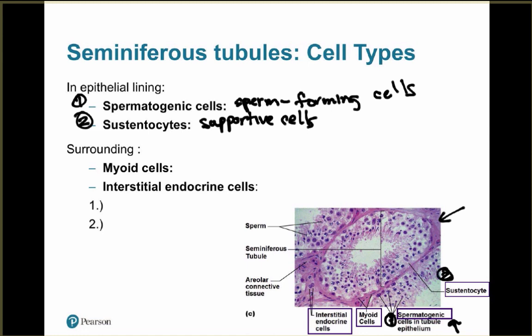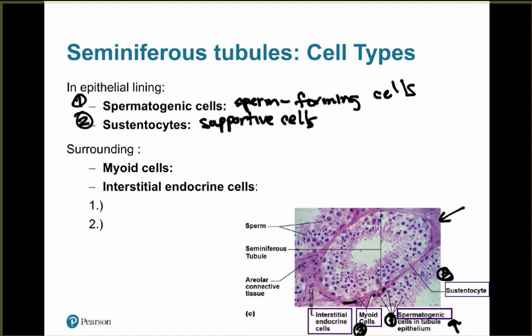Now, surrounding those cells are 2 different types: there are myoid cells and then there are the interstitial endocrine cells. These myoid cells surround each seminiferous tubule, so you'll see those right here, located in this area over here.